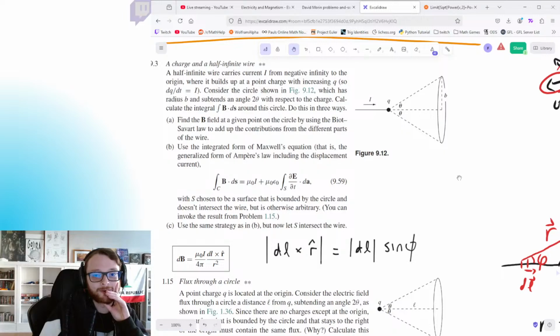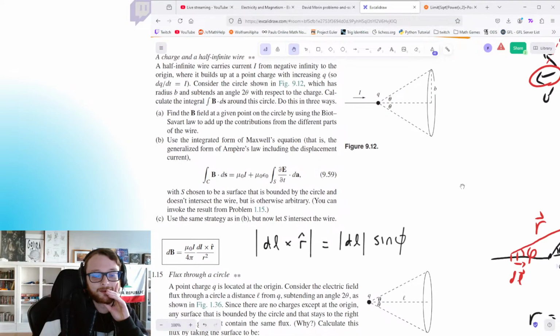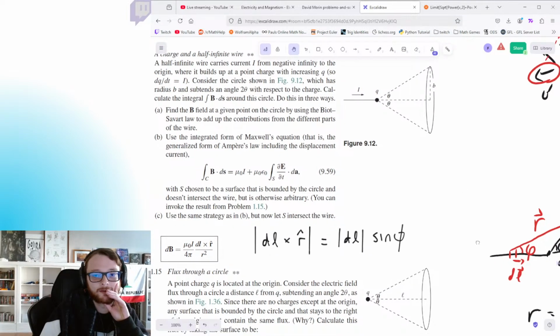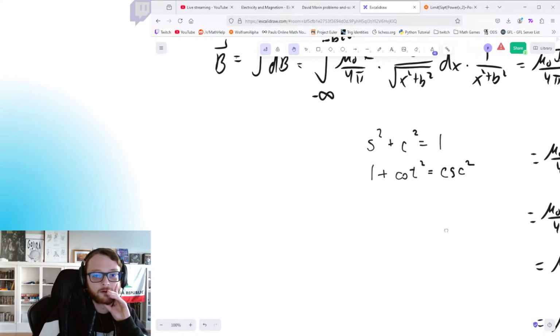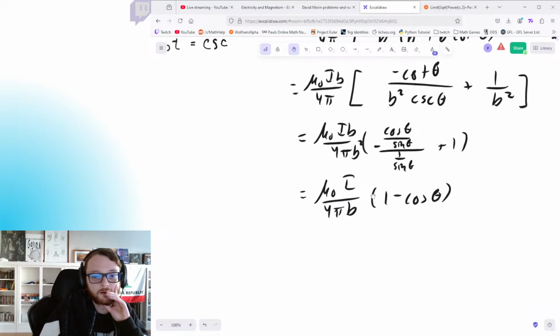So what's our limiting case here? If theta approaches 90 degrees, we're getting just a regular wire, which is perfect.